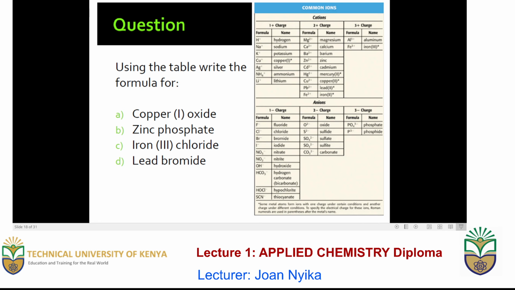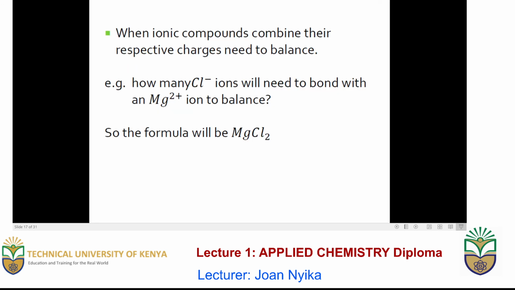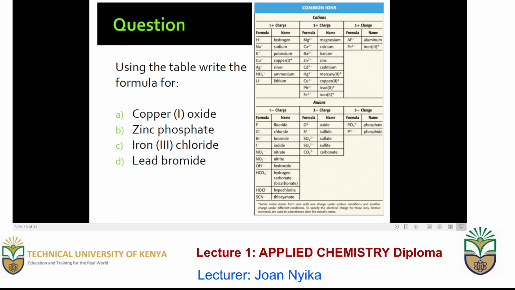Here are some questions I prepared for you to understand the previous concept on the charges cancelling each other during the process of ionic bond formation. When you look at this table carefully, take an element like hydrogen. Hydrogen has a charge of 1. Therefore, it requires transferring the 1 electron that it has to gain a stable state.